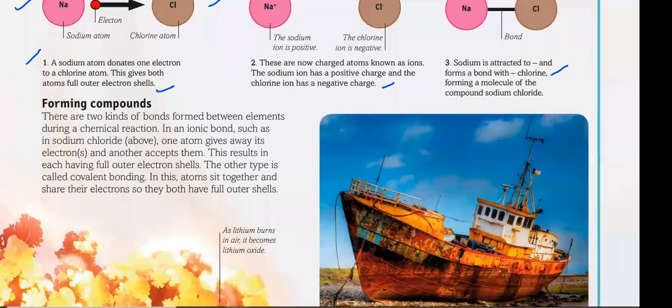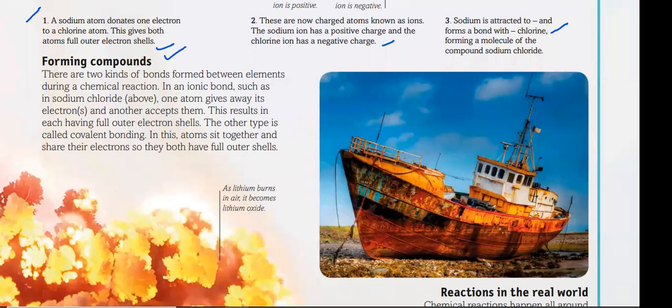Next, forming compounds. There are two kinds of bonds formed between the elements during a chemical reaction. In an ionic bond, such as sodium chloride, one atom gives away electrons and the other atom accepts them. So this results in each having full outer electron shells. The second type of bond is the covalent bond.